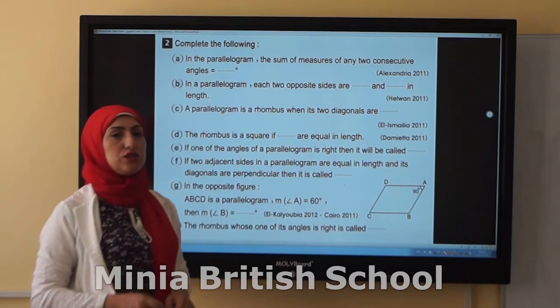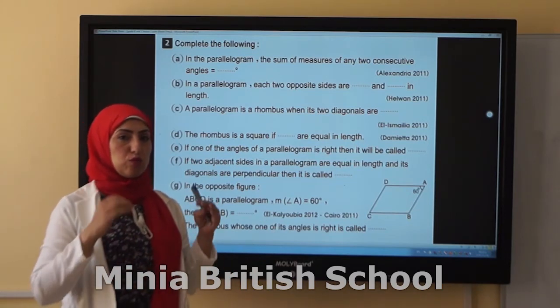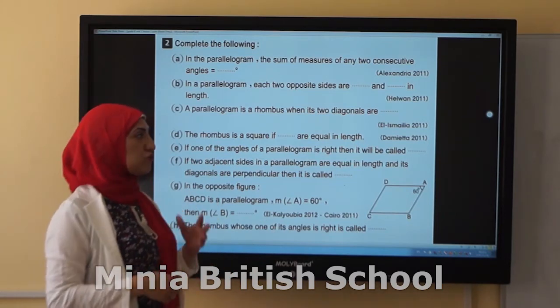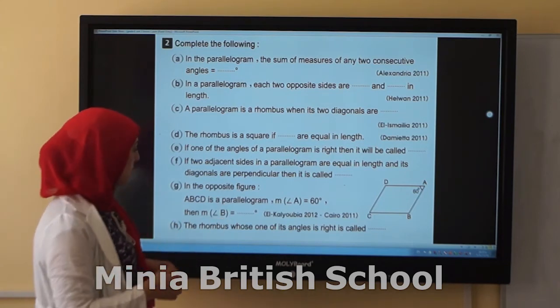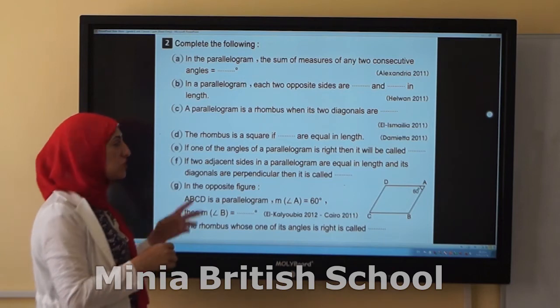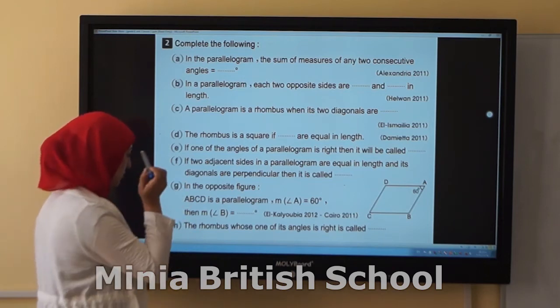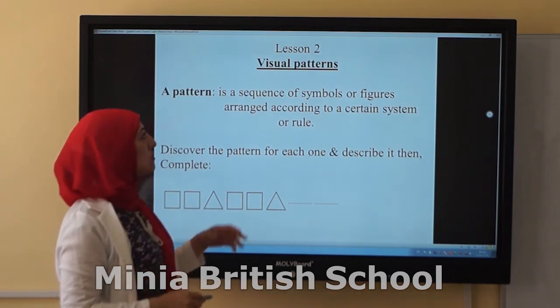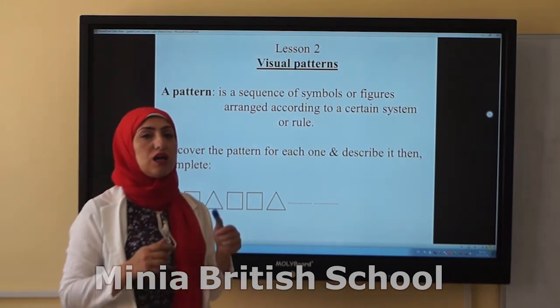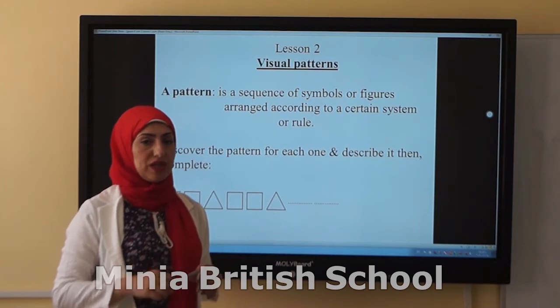In this lesson, you should study more and more. Try to keep their properties and solve a lot of questions like this to keep them. Okay. Now we'll take the second lesson, which is visual patterns.